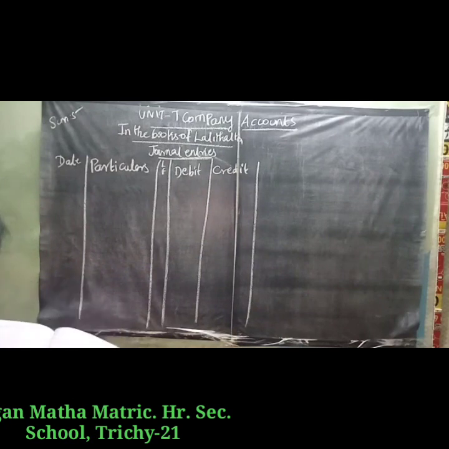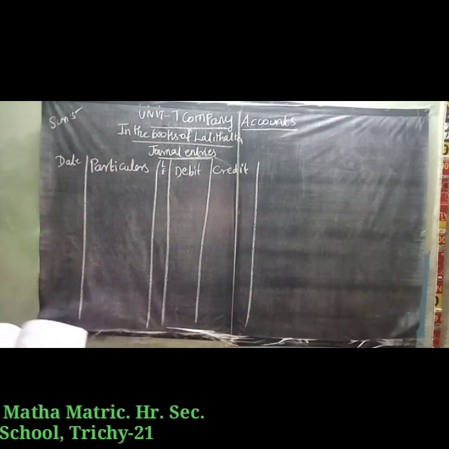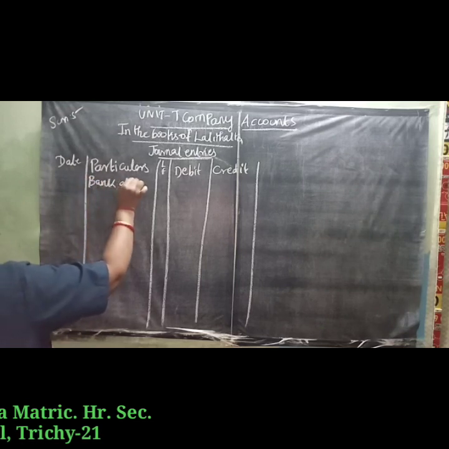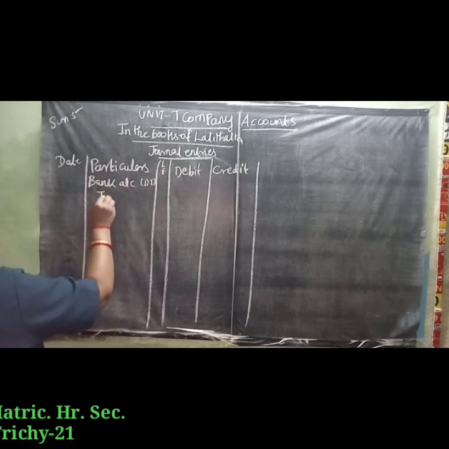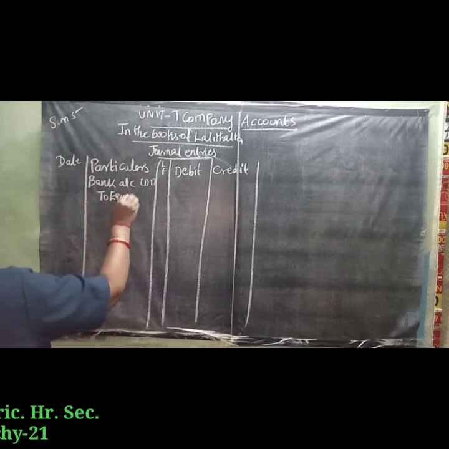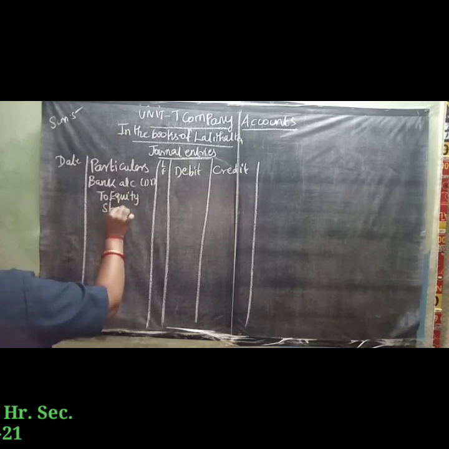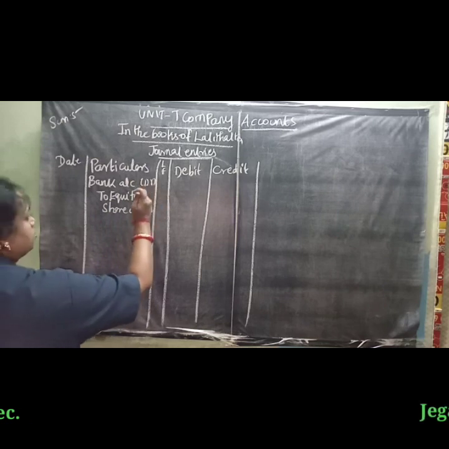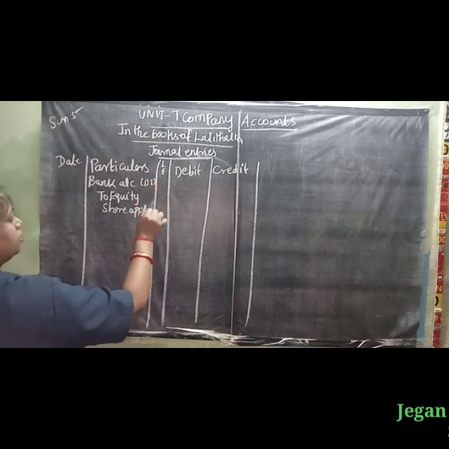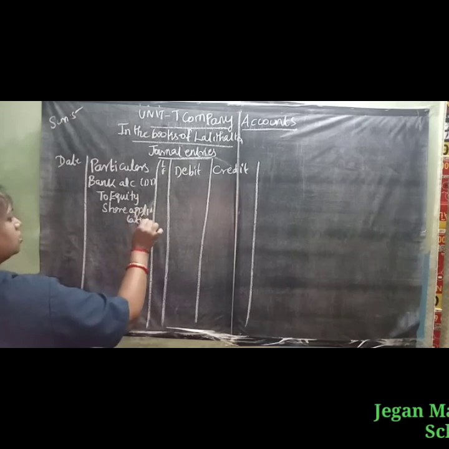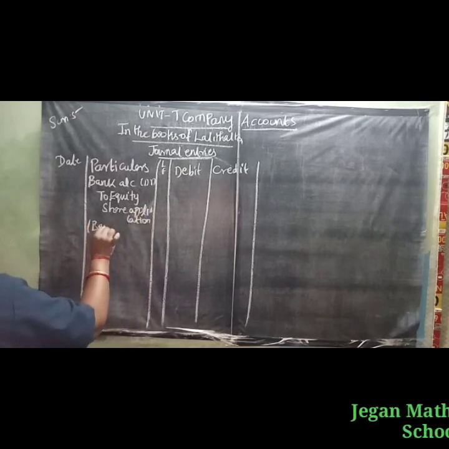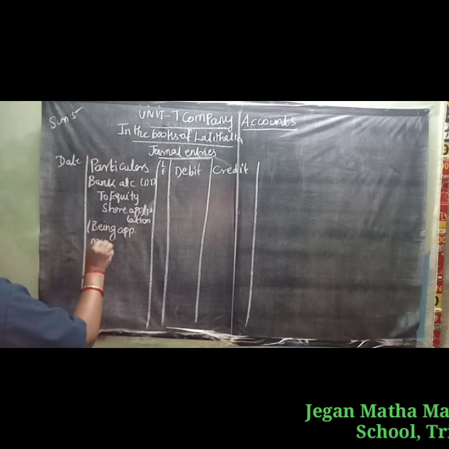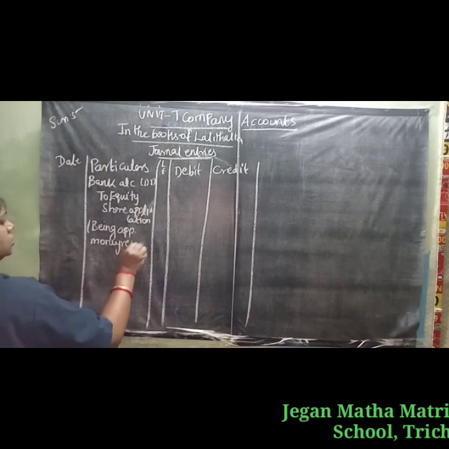Okay, so the first entry for application: Bank account debit to equity share application account, being application money received.